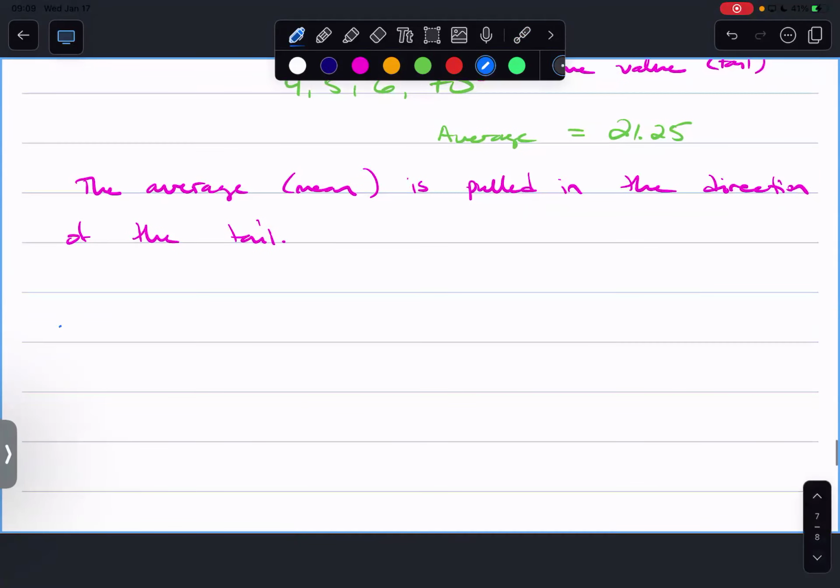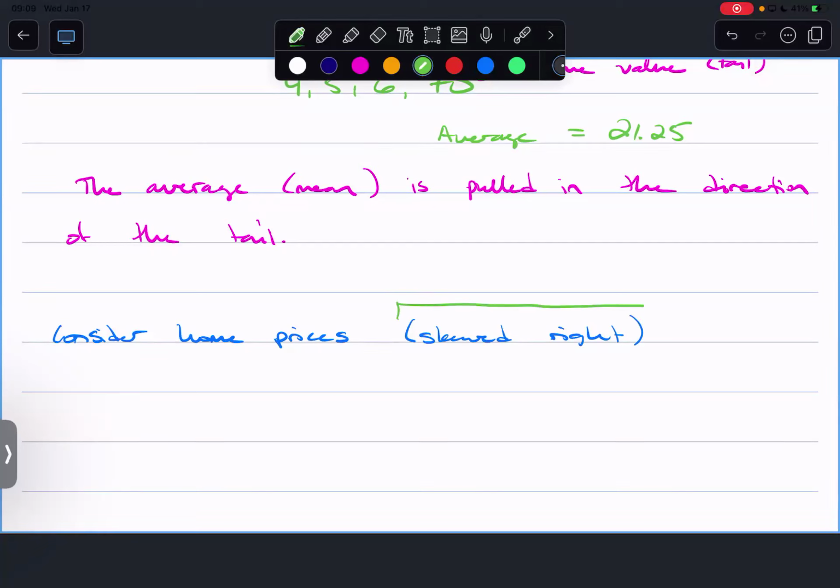So consider home prices. It would be skewed right. And I'm going to add here, in general, most money is skewed right.